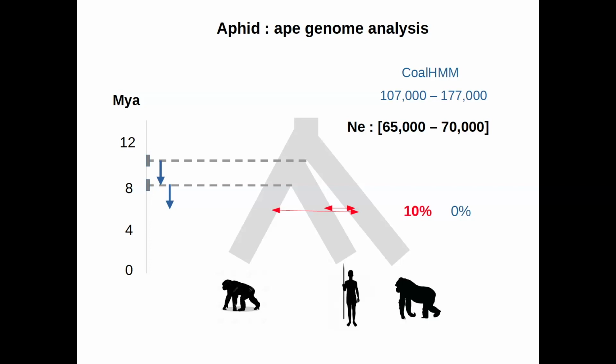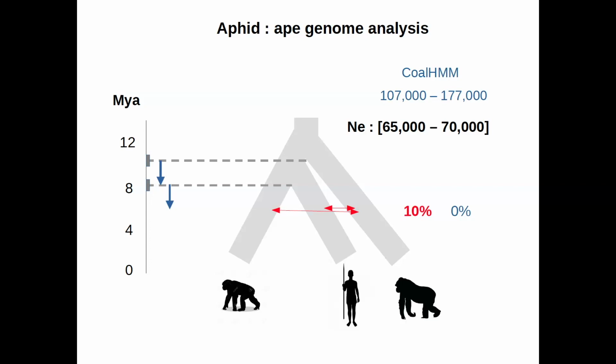And what it estimates is more recent speciation times, sometimes implausible given the fossils, and also a much larger effective population size, which also seems a little bit surprising. So this was just to say that by adding gene flow to the picture, we not only get a much better fit, a higher likelihood of the data, but we also get parameter estimates that make maybe more sense than without gene flow.